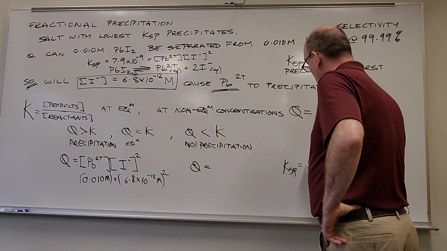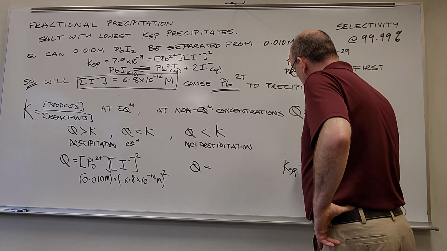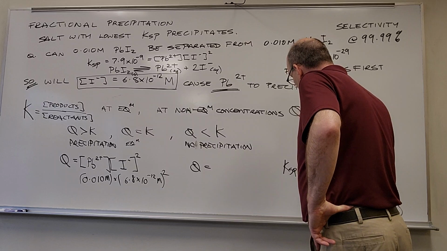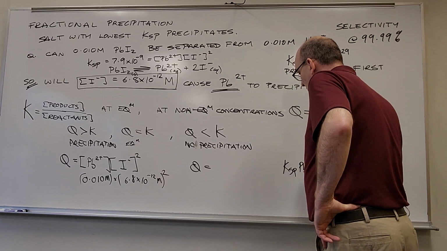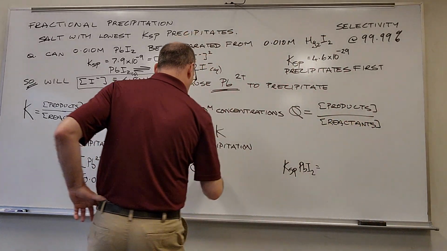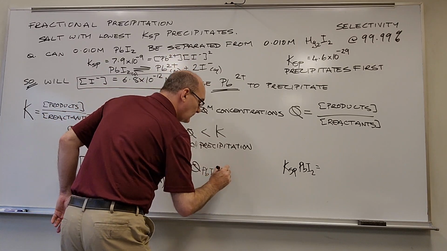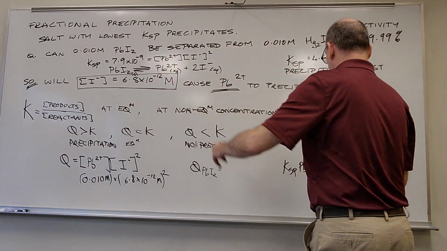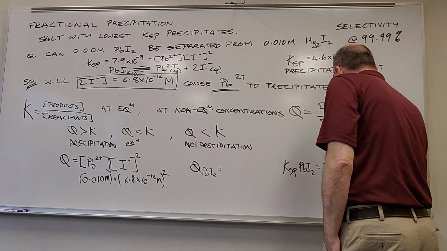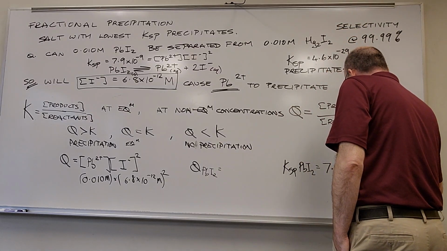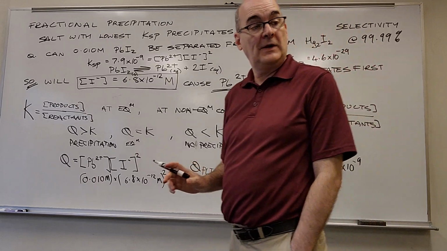So I'm going to specifically say for the lead, it is 7.9 times 10 to the negative 9. All right, do we get the value of Q?